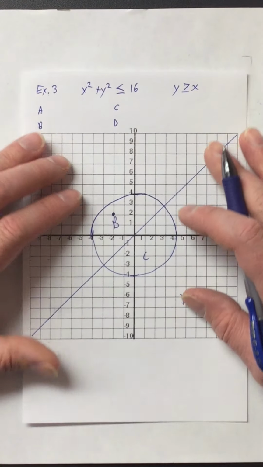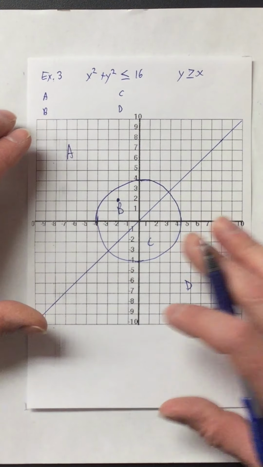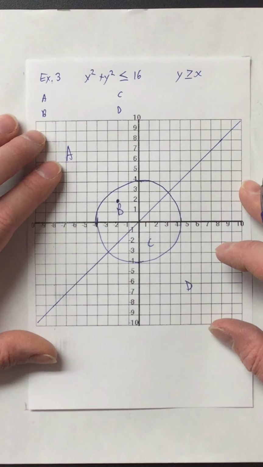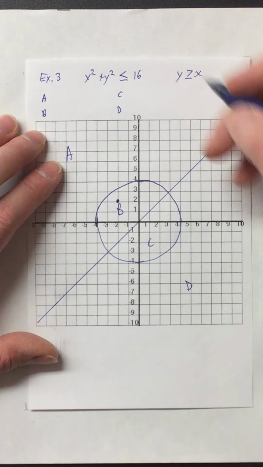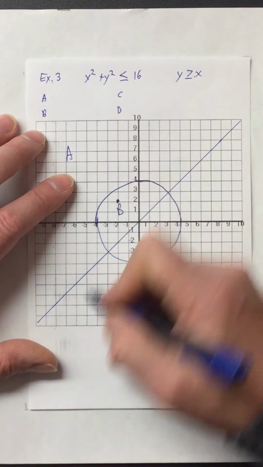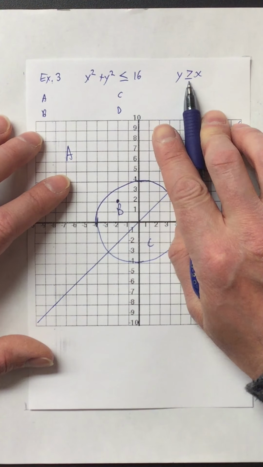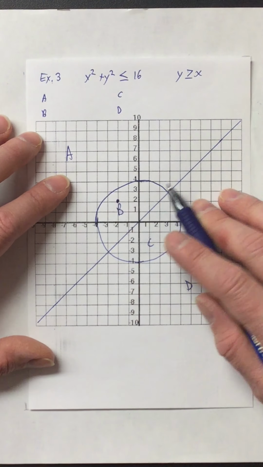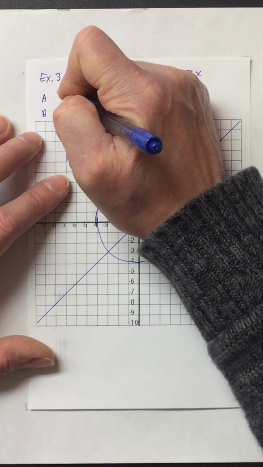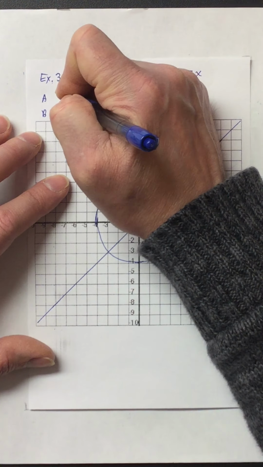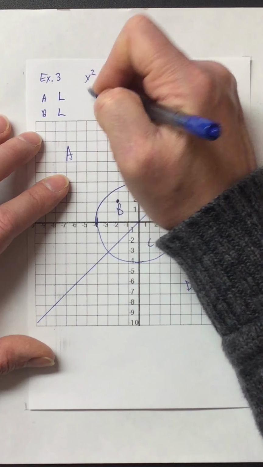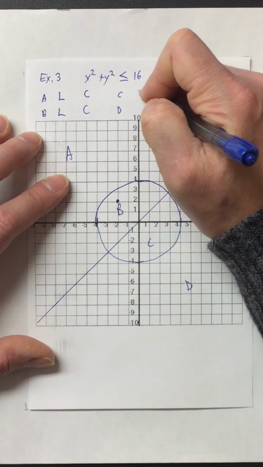Okay, let's look at example 3 here. Hopefully the colors made sense for you. We have this equation here which graphs a circle, and then this one over here which graphs a linear line. So once again, L's for linear and C's for circle.